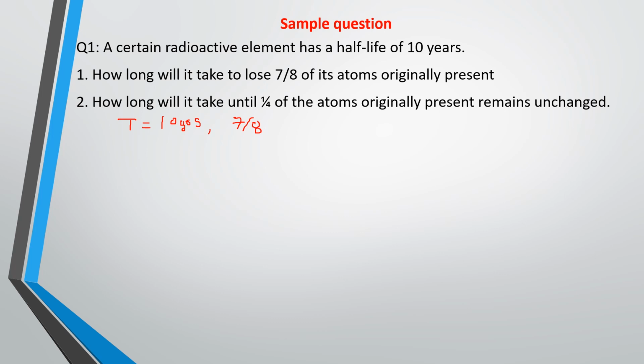Alright, so this is how you are going to solve this problem. If you go to the table, you will get the fraction decayed, or the time that it will take for it to decay to 7/8. But we can also solve it this way.